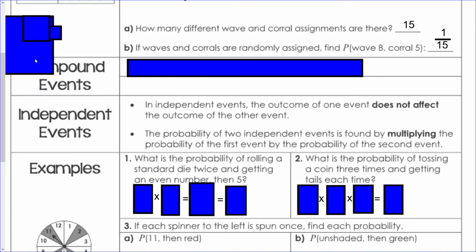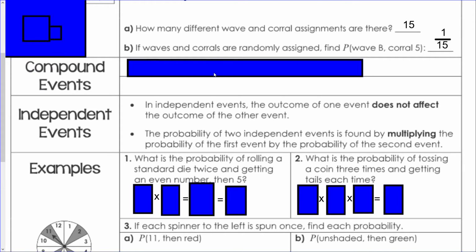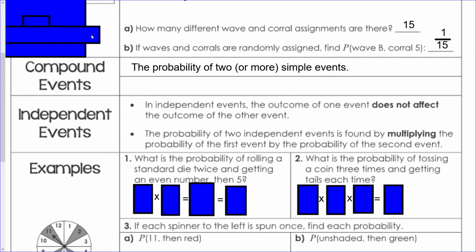Now compound events, as opposed to simple events that we did before, are basically the probability of 2 or more events happening. So 2 or more simple events. That's what compound typically means. With independent events, and I'm just going to get a pen here so I can underline some of this, the outcome of one event does not affect the outcome of the other event.